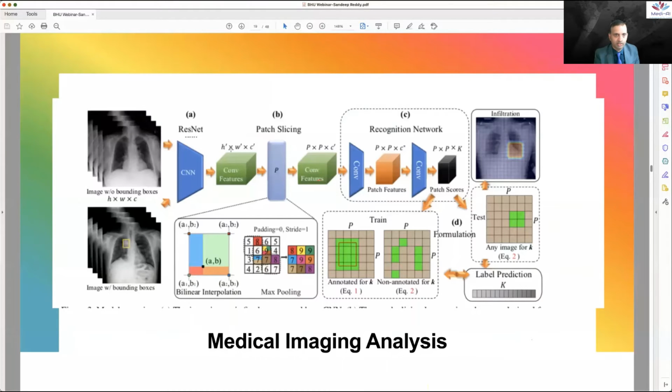There are much more technical details to it, but for today's purpose, you get an idea of how the algorithm functions. This algorithm has time and again proven to be very good in identifying relevant areas in X-rays, fundoscopic images, MRI images, histopathological images, and so forth. And not just that, it can be used on other images also. So it's very good at image interpretation.